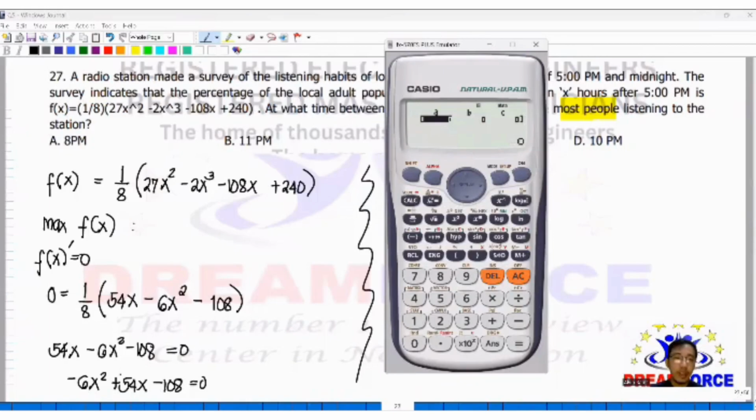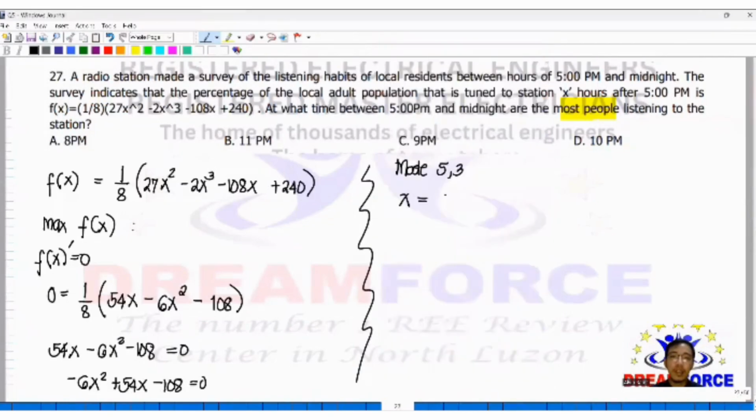Mode 5 3 at the equation. So negative 6, 54, negative 108. So 6 and 3. Okay, next. Since nahanap natin ay dalawang value, kailangan natin i-prove kung kanino sa 6 and 3 yung may pinakamataas na f of x.